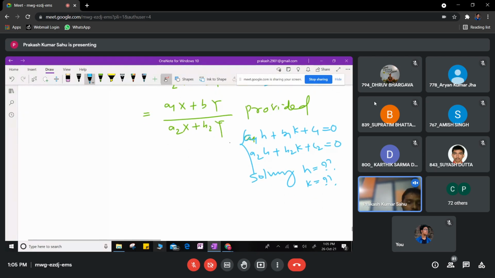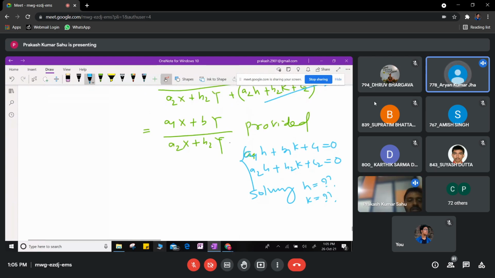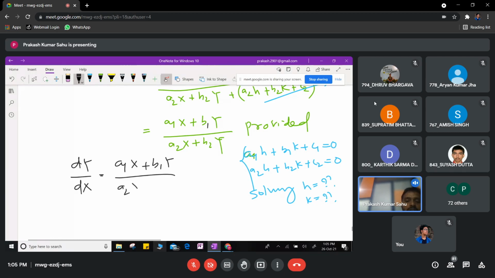Now you see this dY by dX is equal to a1x plus b1y divided by a2x plus b2y, which is a homogeneous differential equation.